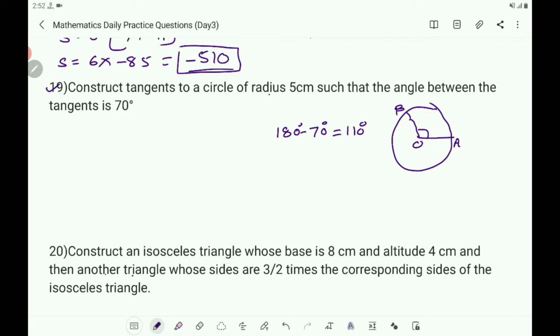If you draw the perpendicular to OA, you will get a tangent at A. So you know the method of drawing the perpendicular at a point on the circumference of a circle. Similarly, draw the perpendicular to the radius OB at the point B. That perpendicular becomes the tangent at the point B.